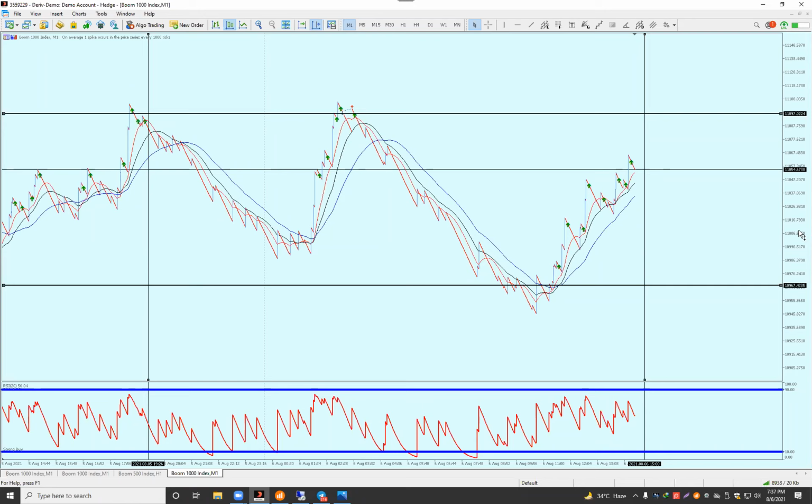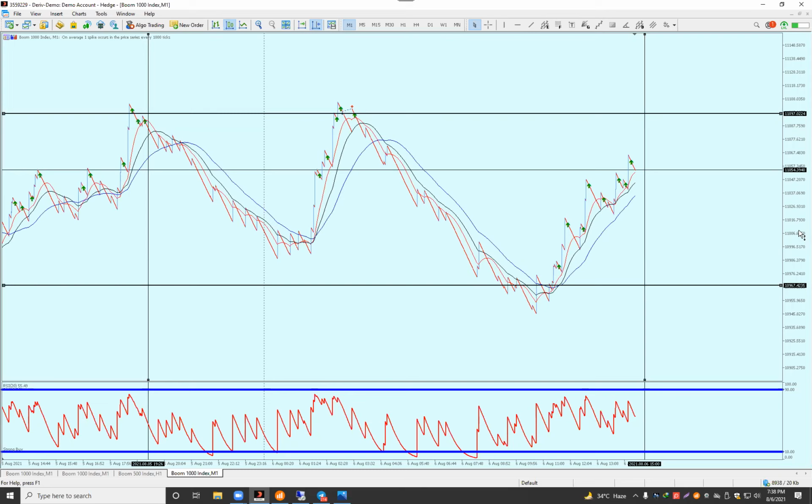Yes, you can use the stochastic for divergence, not for oversold, overbought area trading. Only for the divergence. Here, the oversold, overbought areas from the indicators will not work. It is not binary. Here, you are using it only for divergence purposes.